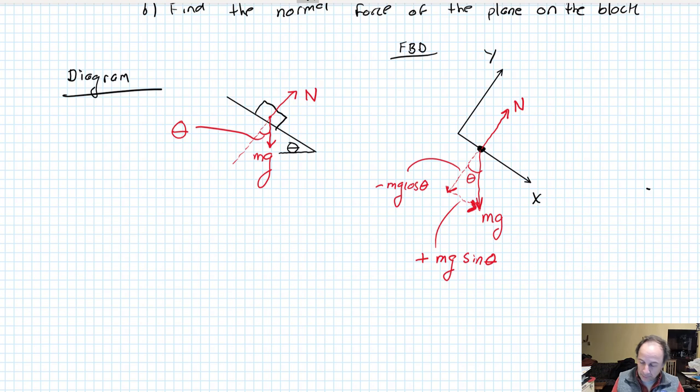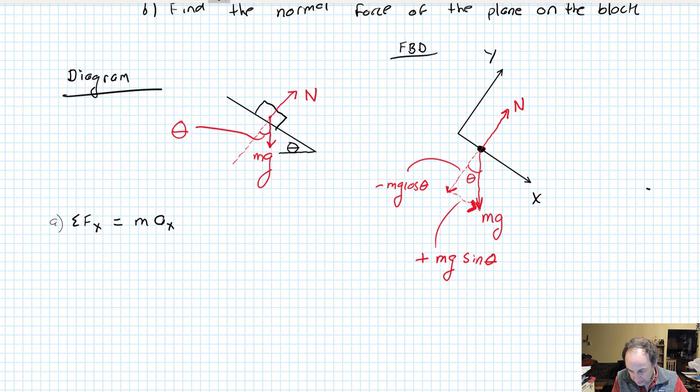All right, so now for A, we're going to find the acceleration of the block along the plane. That's the x direction. So we're going to sum the forces in the x direction. That's going to be mass times acceleration in the x direction.